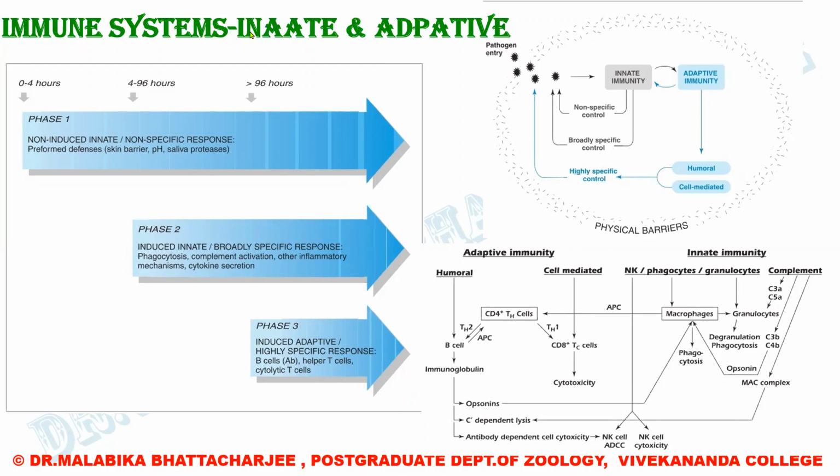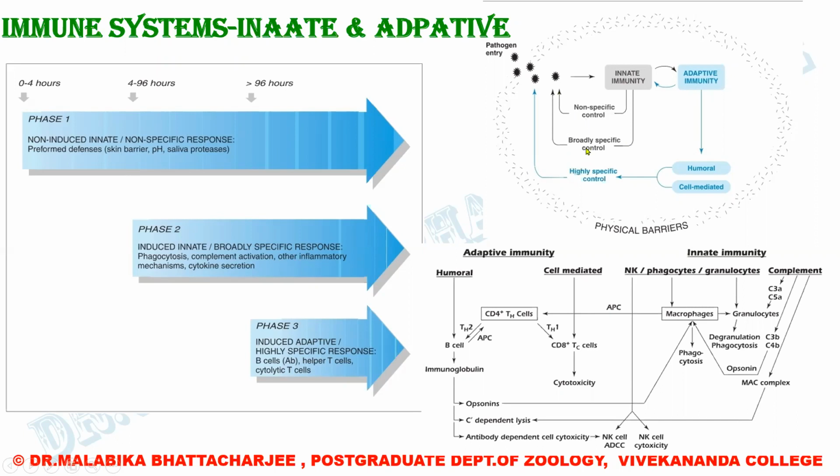If I look at the nearby picture, this is almost a similar picture to what I just described. This is the pathogen entry, and the pathogen activates the innate immunity in the first case, and the innate immunity retorts. So we have a non-specific control followed by a broadly specific control.